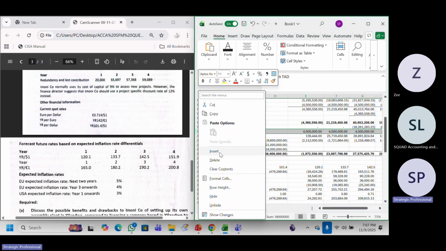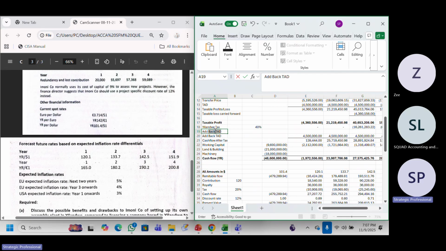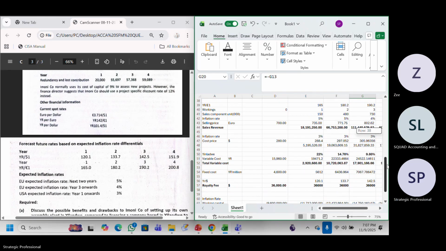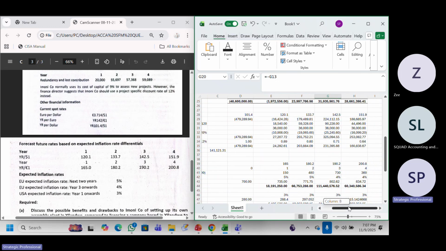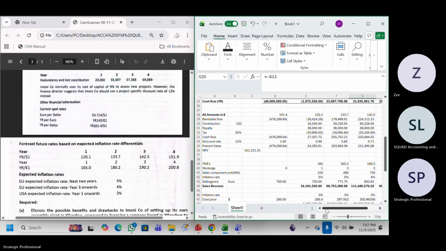So let's bring it back. Add back tax loss, just like depreciation, right? So I think we should be fine now. So this is our NPV.